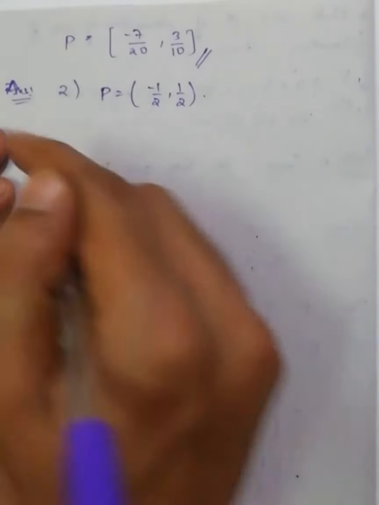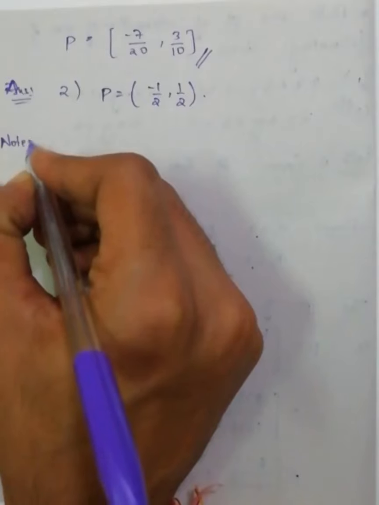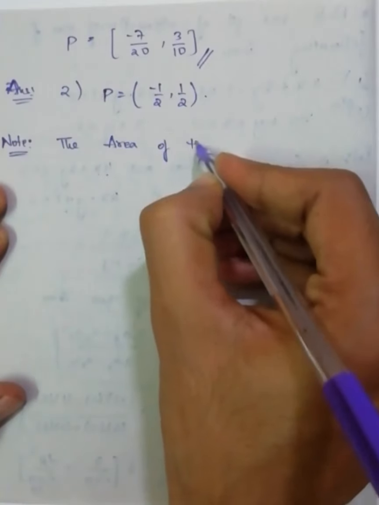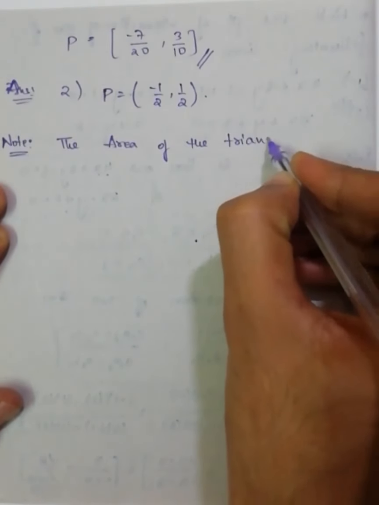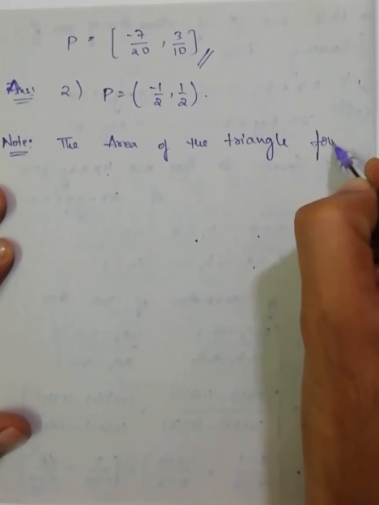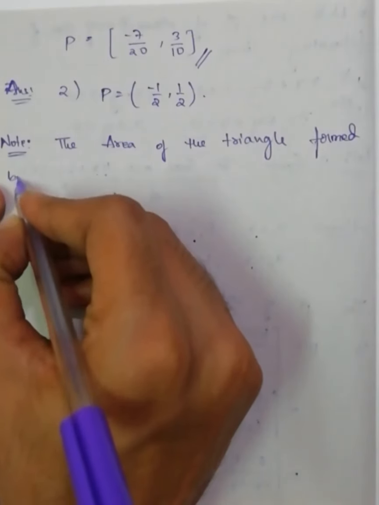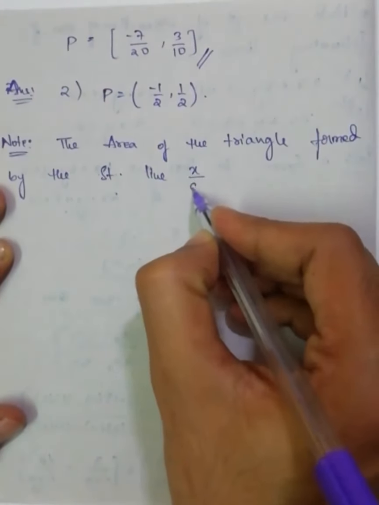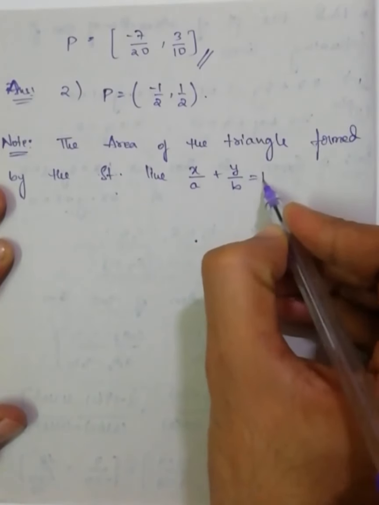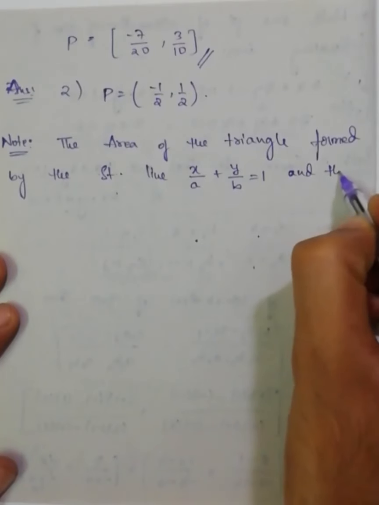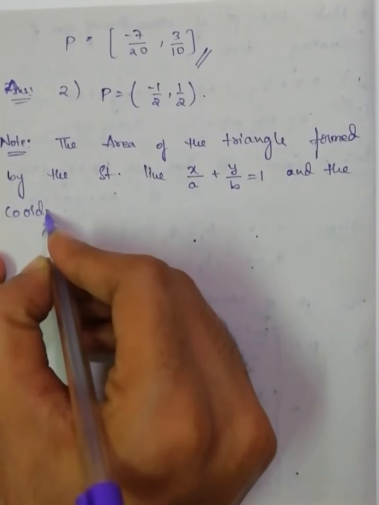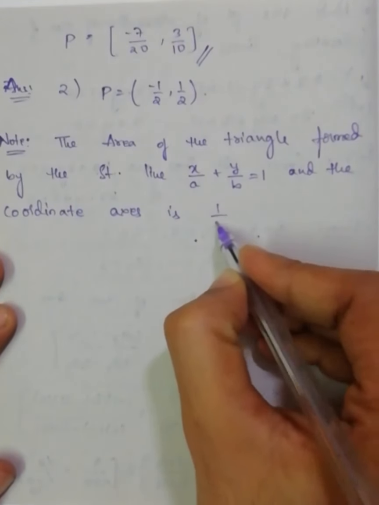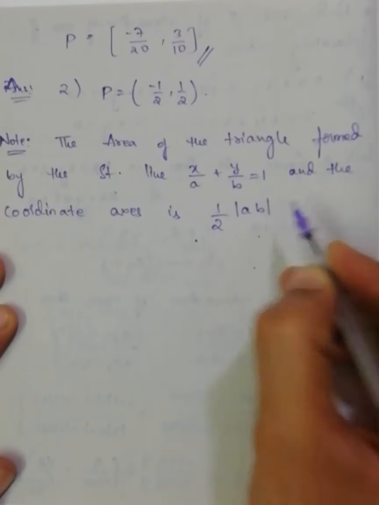Note, the area of the triangle formed by the straight line x by a plus y by b is equal to 1 and the coordinate axis is half modulus of a into b.